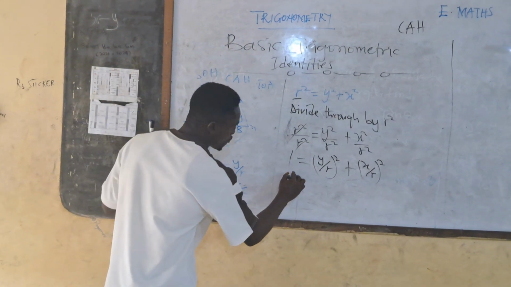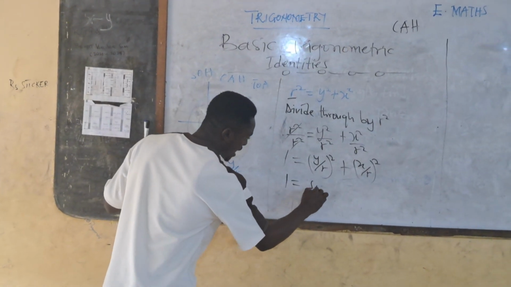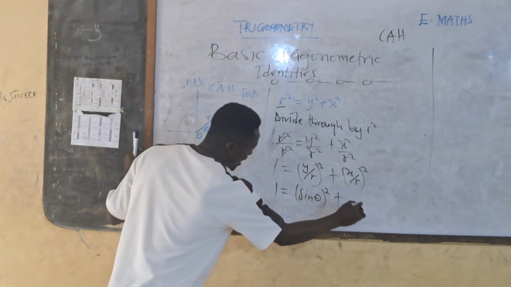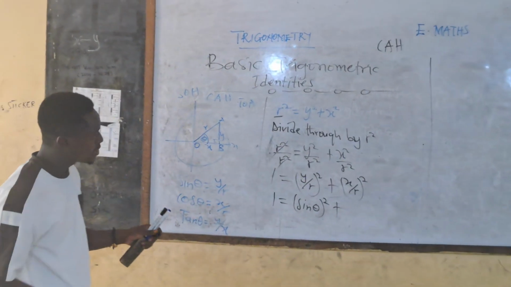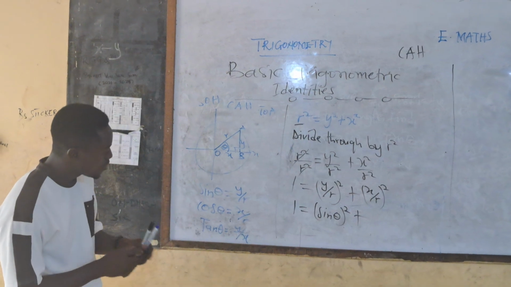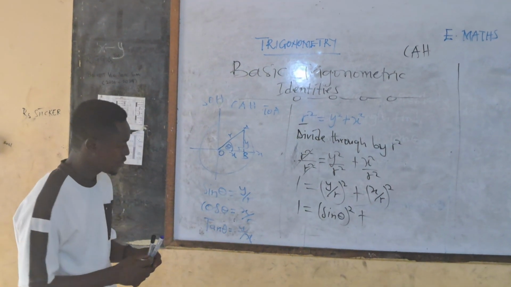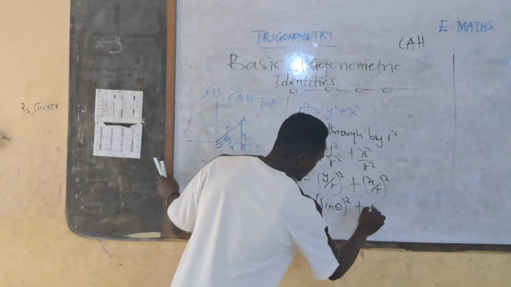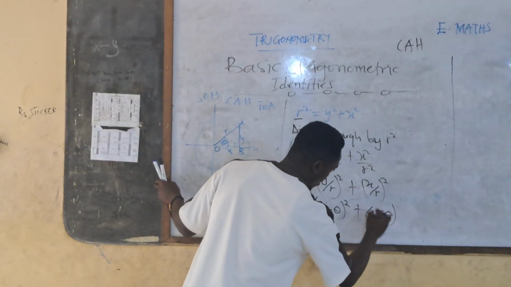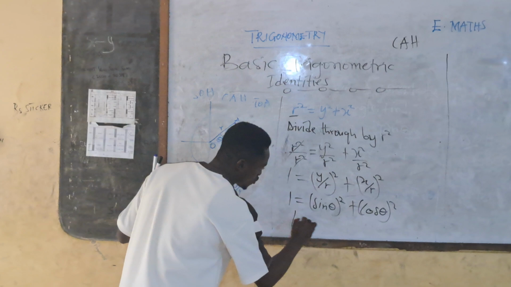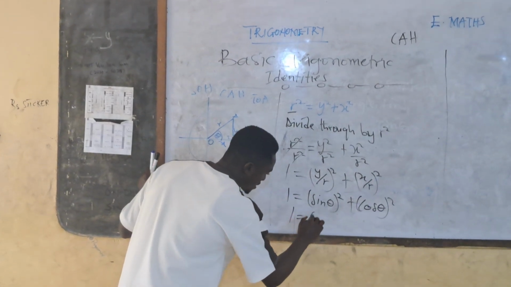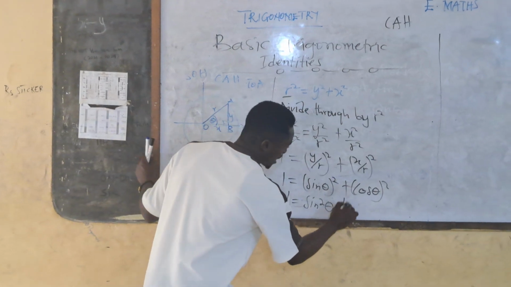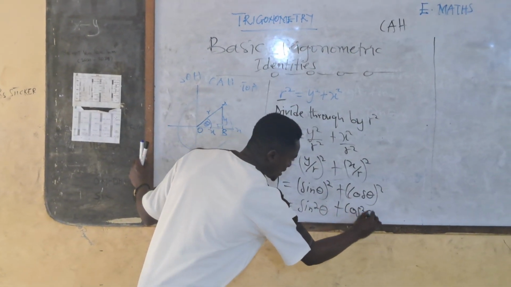So therefore we are going to have 1 equal to sine theta, but this time around with a square, plus, then we go back, let's see whether we have x over r. So we have x over r, which is cos theta, squared. Therefore, we are going to have 1 equal to sine squared theta plus cos squared theta.